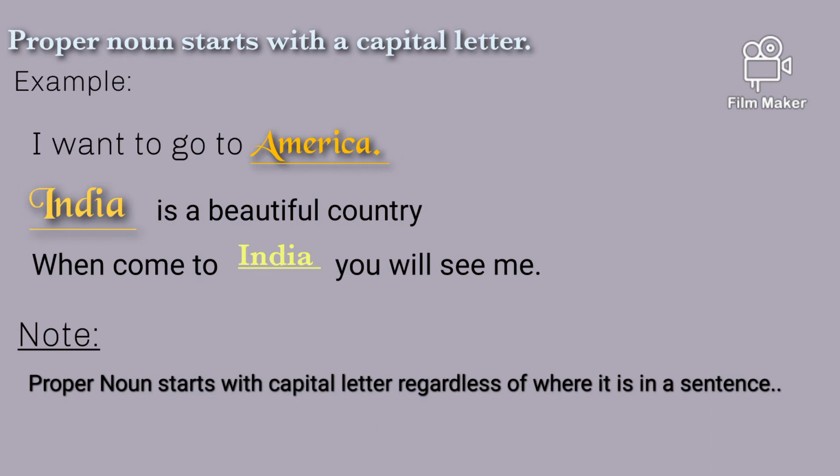And it's an individual entity, means America is a place. And it's only one. There is only one America, right? So it has got its particular name. So that is proper noun. And India is a beautiful country. So when you say India, there is a capital letter in India, no? It starts with a capital letter. So therefore it's a proper noun.